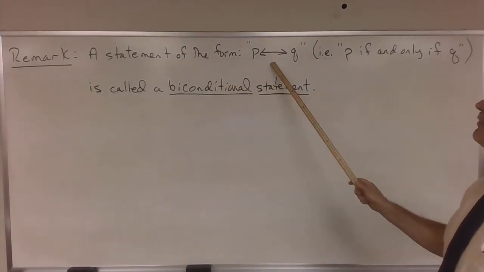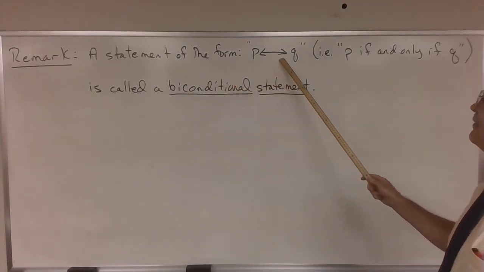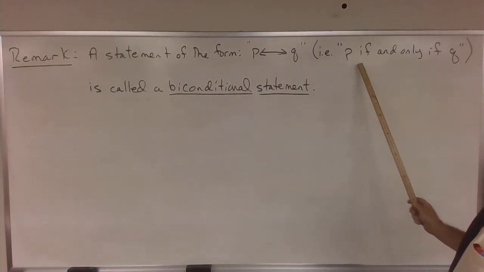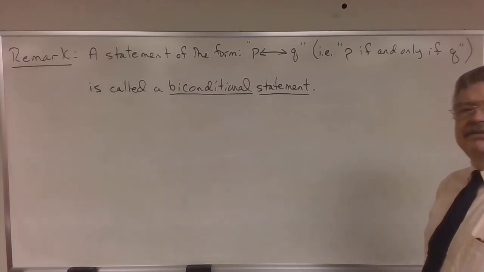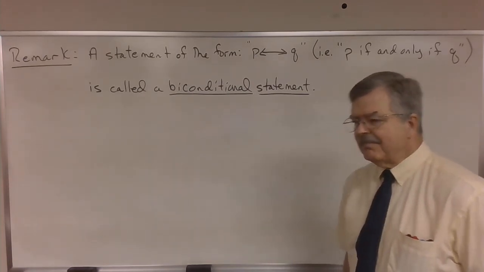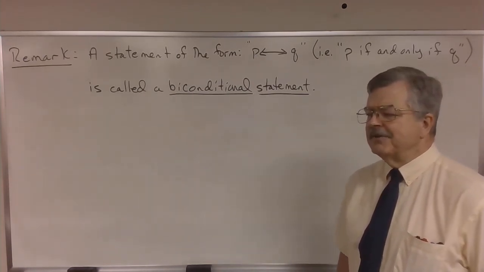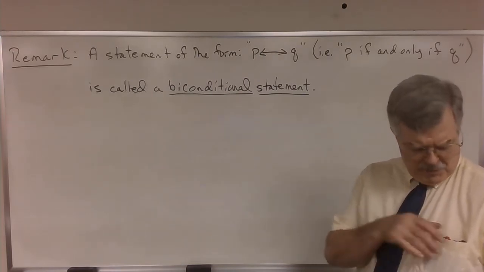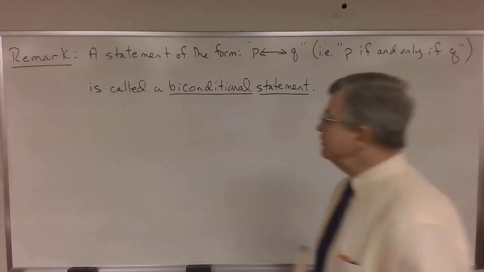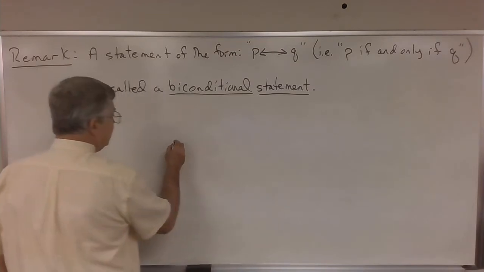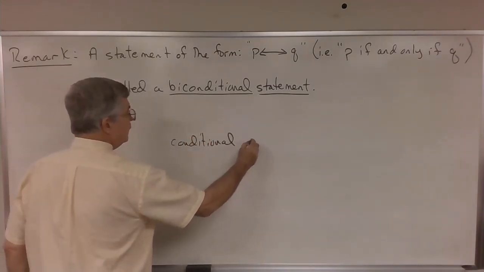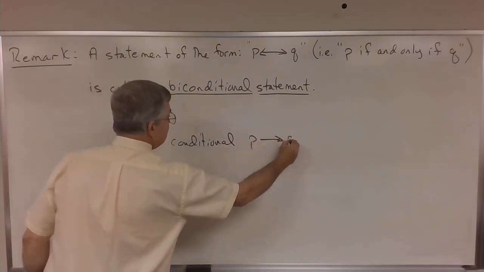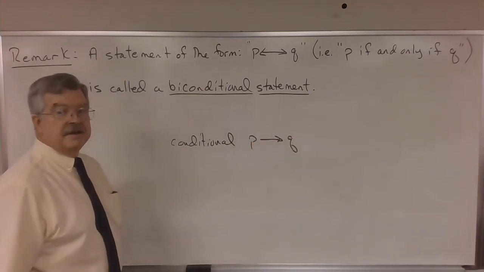Okay, a statement of the form P if and only if Q is called a biconditional statement. I won't try to explain this fully, but remember what a conditional statement looked like? A conditional statement looked like this, didn't it?